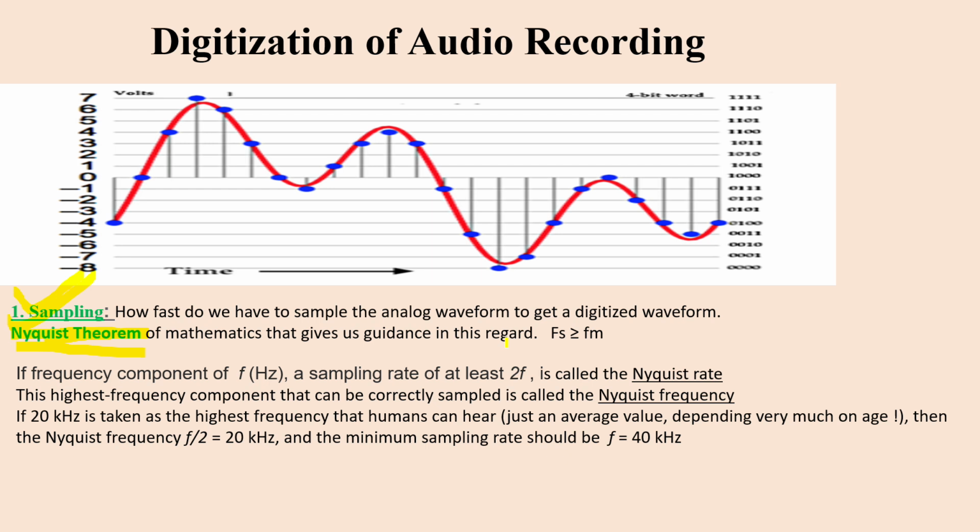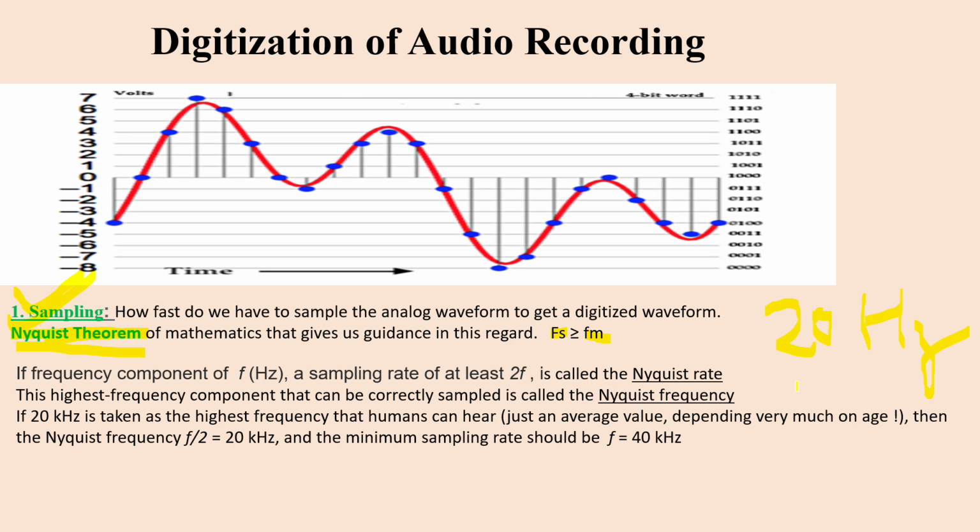It states that the sampling frequency should be twice the frequency of the wave which we are going to digitize. Suppose the frequency of a signal is equal to 20 hertz, suppose this is the frequency of an audio signal.